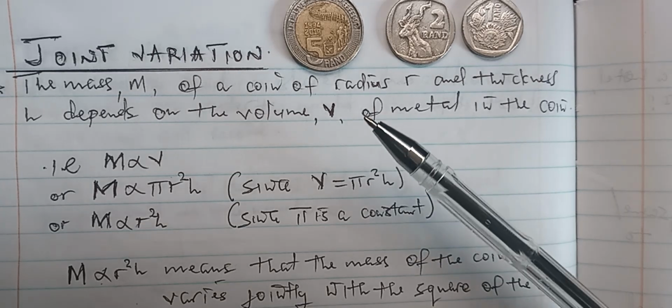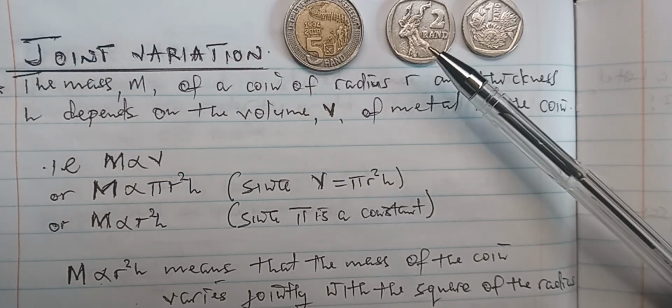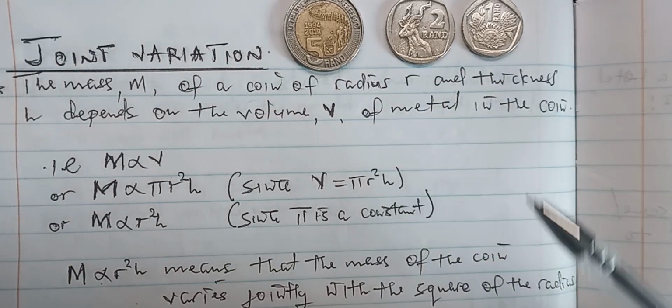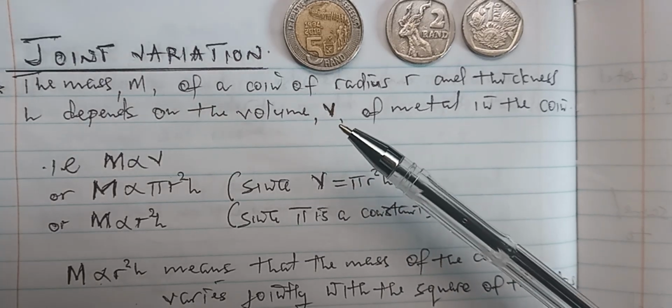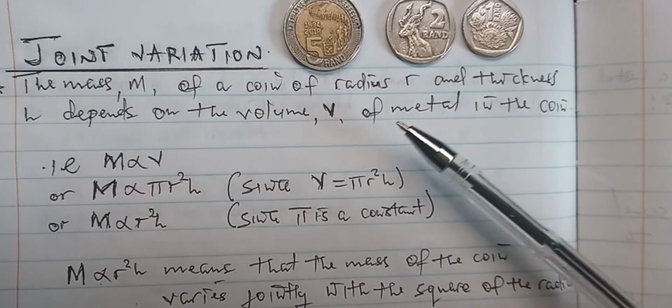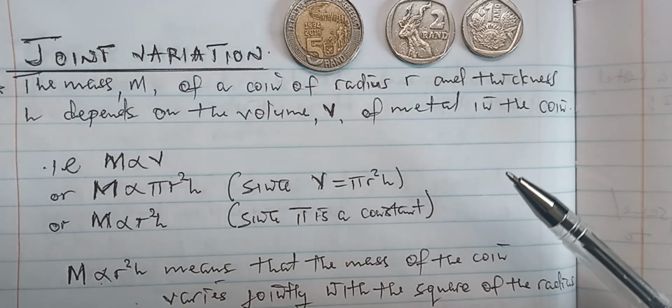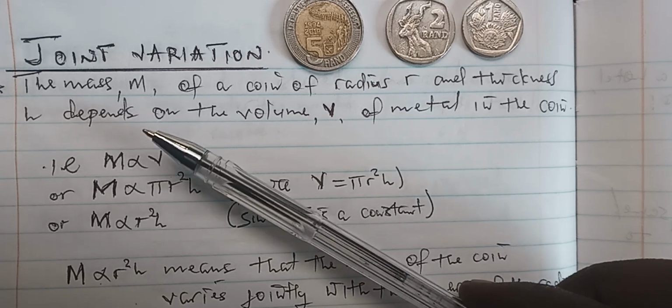If we look at these coins, we've got a 5 rand coin, a 2 rand coin, and a 1 rand coin. It simply means the mass of each and every coin is going to depend on the thickness and the radius of each coin. That is what is explained by this statement.